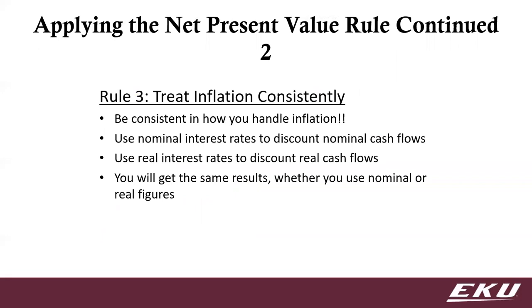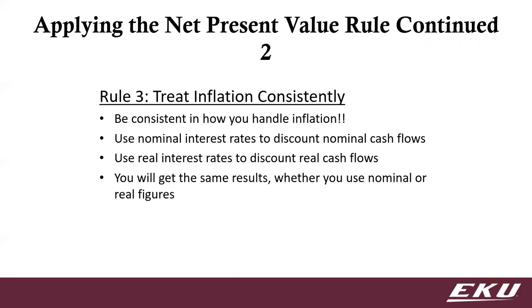We have to be consistent with our inflation, right? So we can use nominal interest rates and discount accordingly, or we can use real interest rates and discount accordingly. But you have to be consistent. You have to use nominal with nominal or real with real. And when I say nominal interest rates, that's when you open up the paper and you see whatever they say the interest rates are.